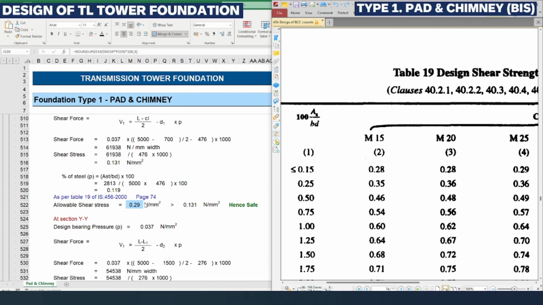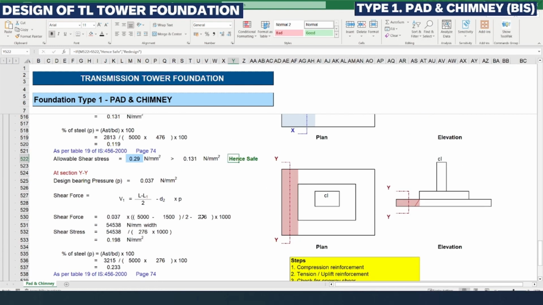This allowable shear stress is greater than the actual shear stress, which is 0.131. Hence this section XX is safe in one-way shear. Now next we need to check the shear stress at section YY.